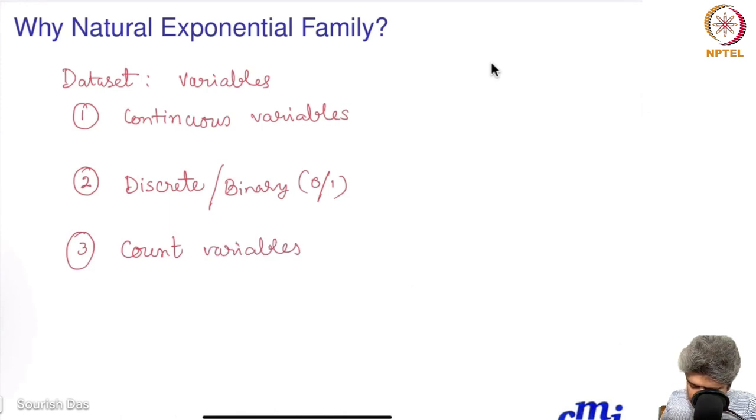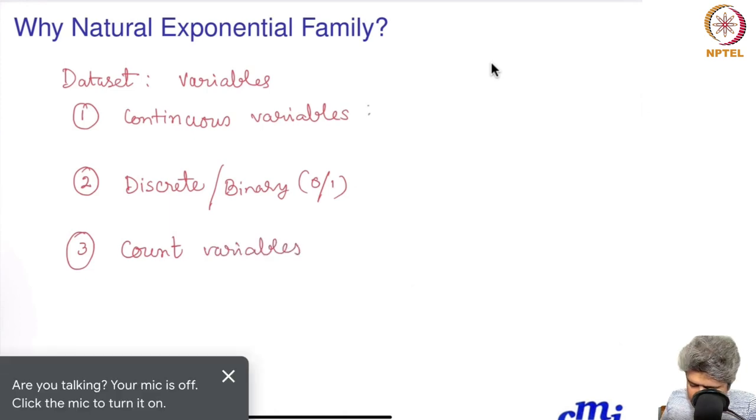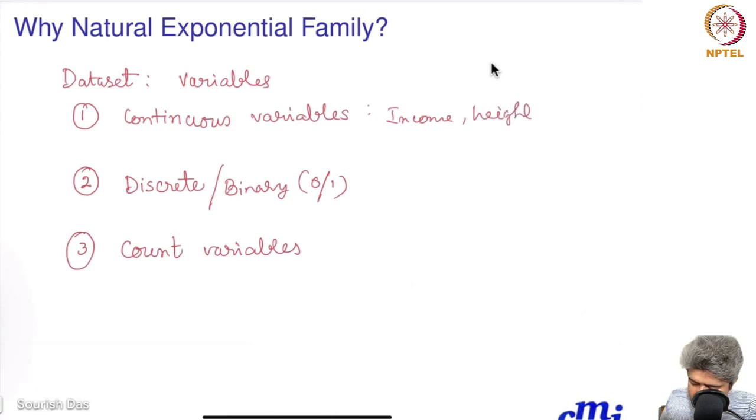Continuous variables will be like income, and maybe height, some measures. If a variable is coming out of a measurement, then it is typically a continuous variable.